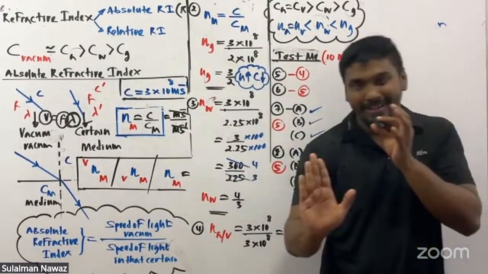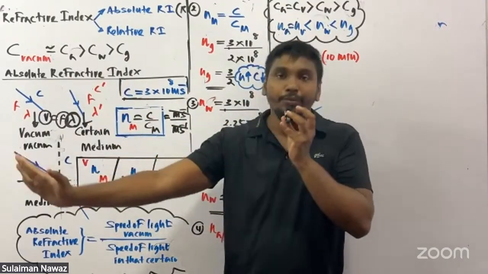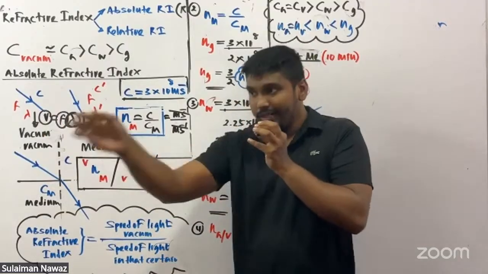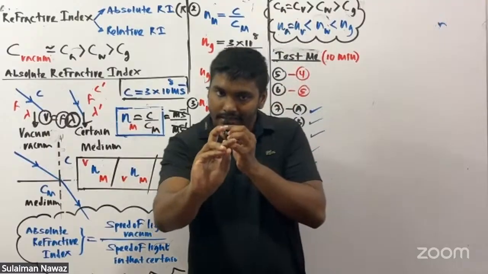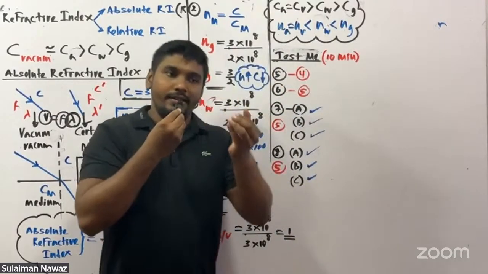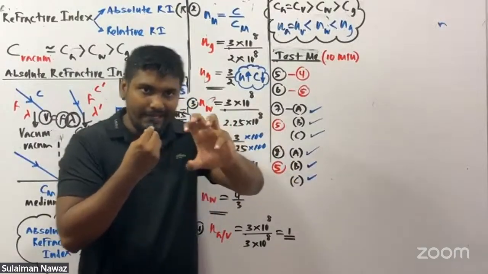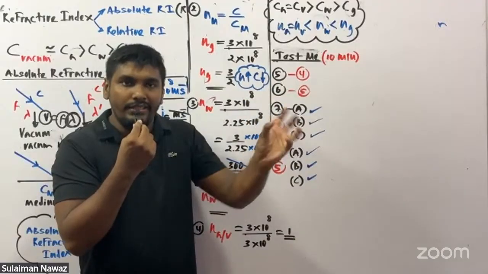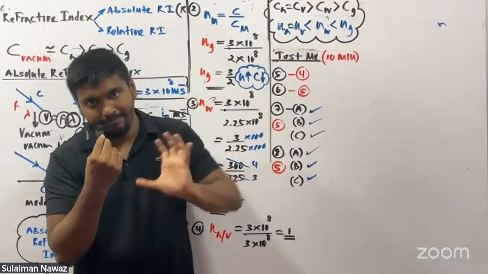Next story. Absolute refractive index is very simple. Relative to the vacuum, the speed of a certain medium. What is the absolute refractive index? It is a measure of how much the speed of light is reduced when it enters a certain medium.